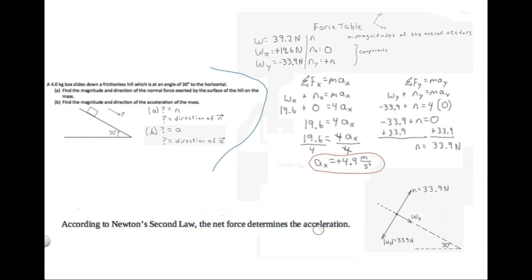Therefore, the x component of the acceleration will point parallel to and down the hill, and that is our positive x direction. So yes, it does make sense that a sub x came out to be positive. The object is accelerating down the hill because w sub x is pulling down the hill.